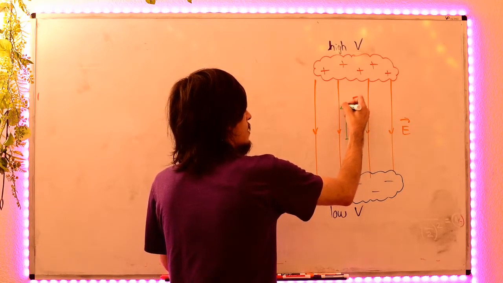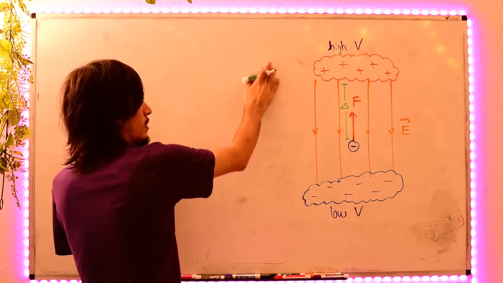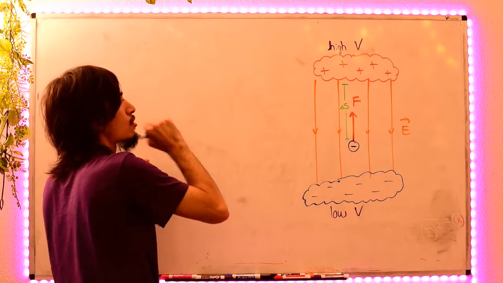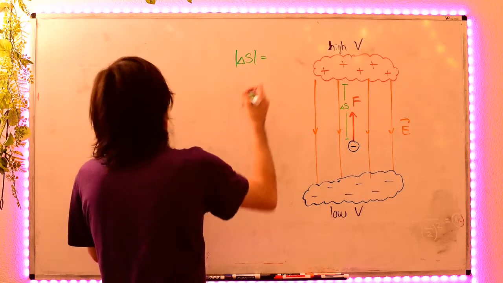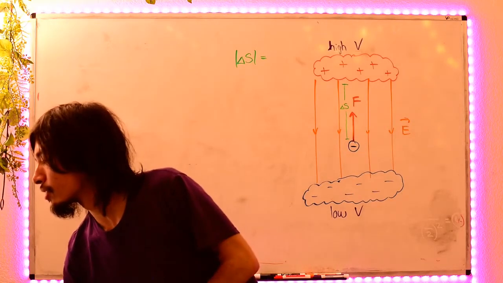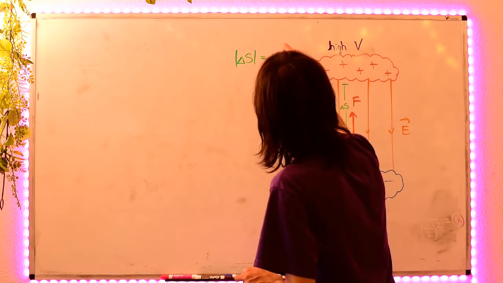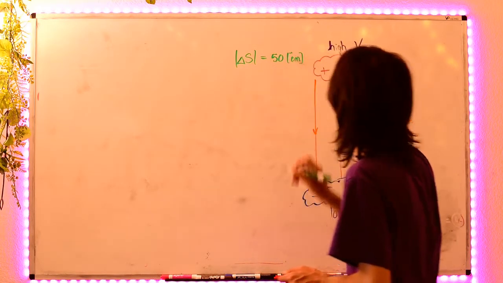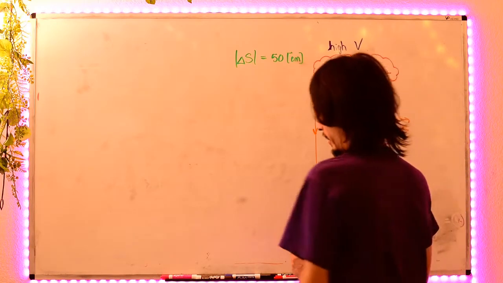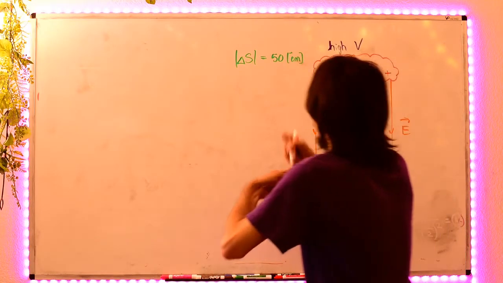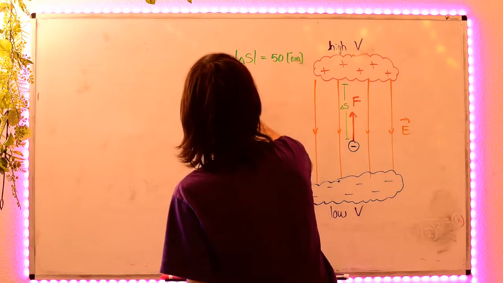Let's call that distance delta S, which I believe is what they use in a lot of the formulas. So we know that the magnitude of that distance is given in our case to be 50 centimeters. I also tell you that the electric field strength is 10 to the third volts per meter. Again, this is just the magnitude of it.